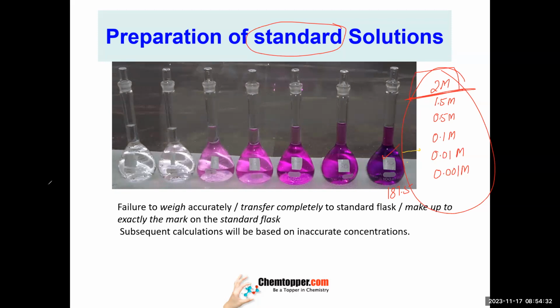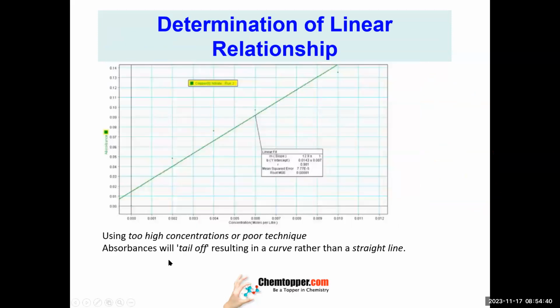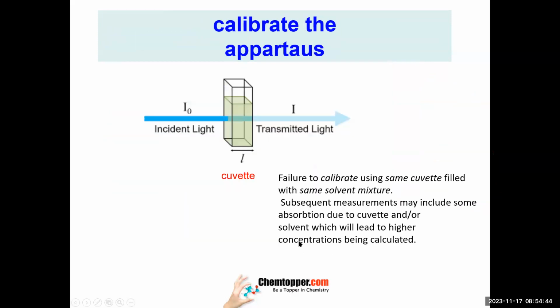Okay. Now children, let's go to the next part. So I'm ready with my solutions. I'm going to plug these solutions into the instrument, this instrument. First, I'm going to plug in 2 molar here.